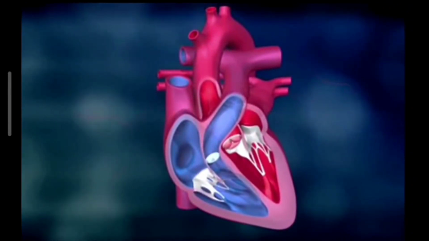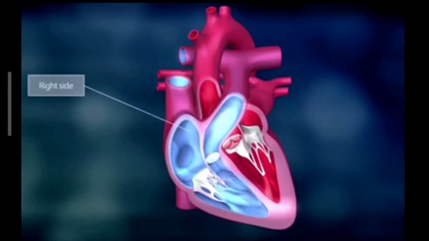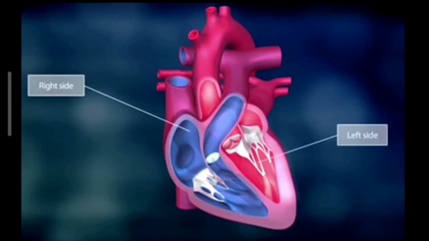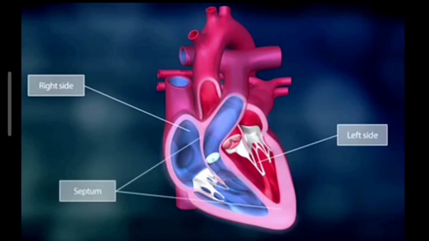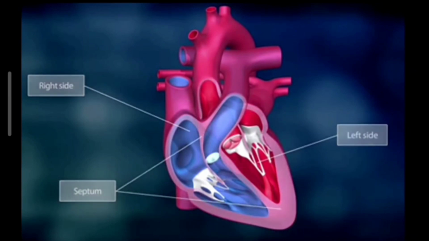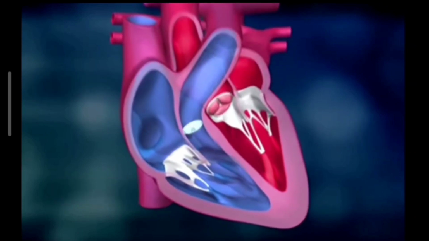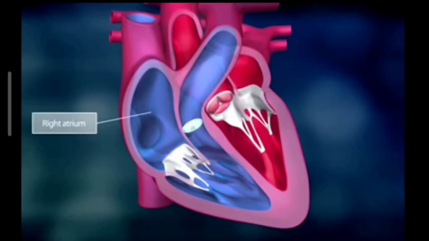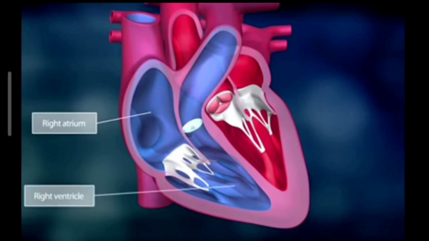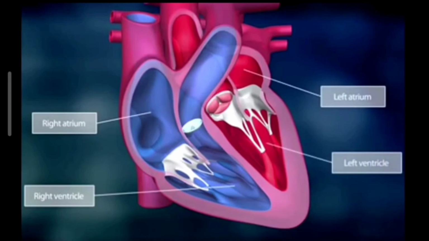Now, the heart is also divided into two sides, the right side and the left side. And this is divided by the septum. Okay, so that's it. Now, the heart also has 4 chambers. These 4 chambers are called the right atrium, the right ventricle, the left atrium, and the left ventricle.